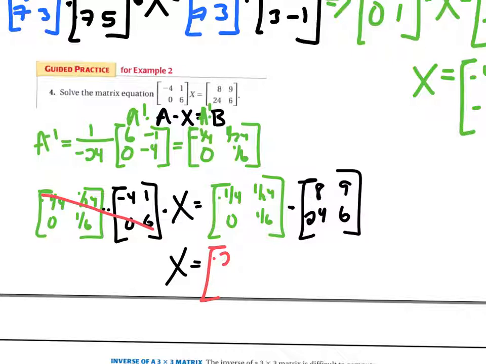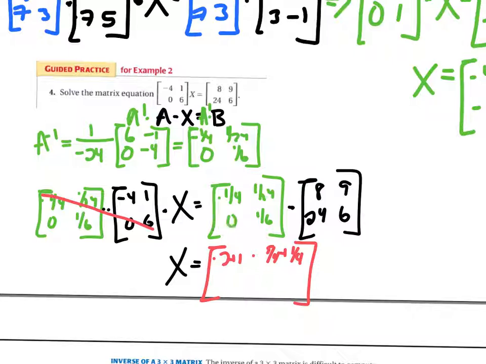But I had 8 times negative 1/4 is a negative 2, plus this right here, 1/24 times 24 is just 1. So this is my element number there. Then over here, you had negative 1/4 times 9 is just negative 9/4. Nothing you can do with that. And then 1/24 times 6 is 1/4. So I'll do that later and get my answer.